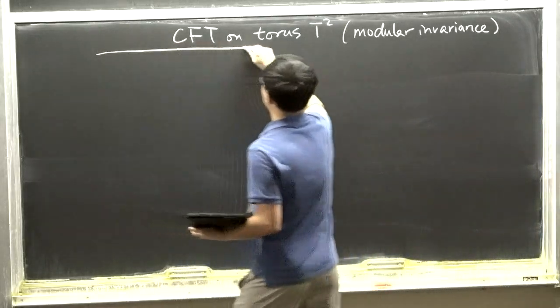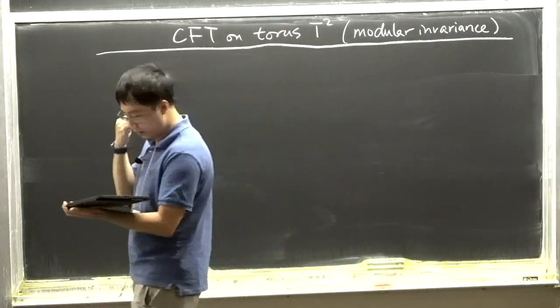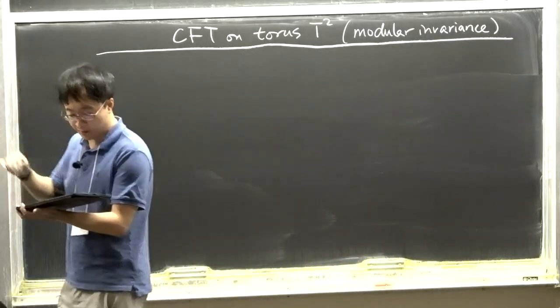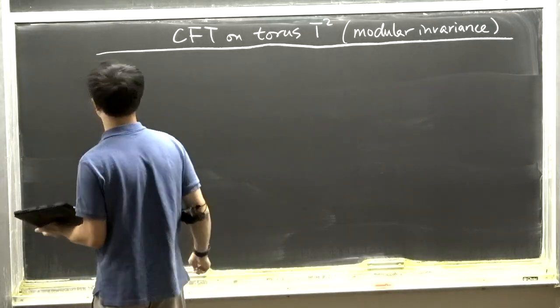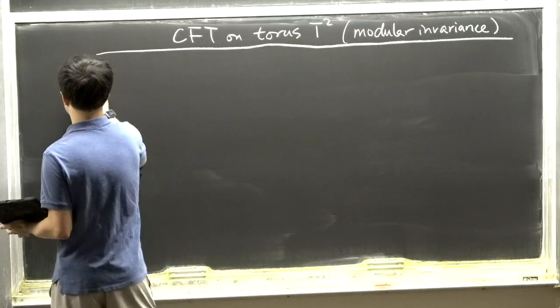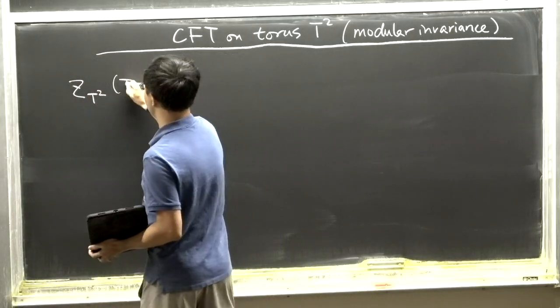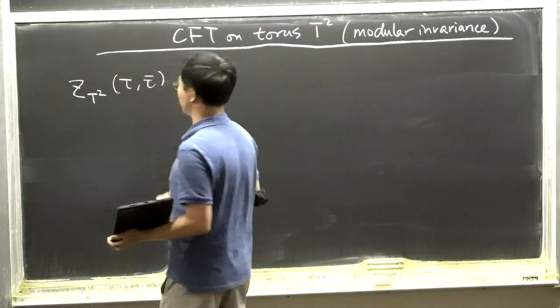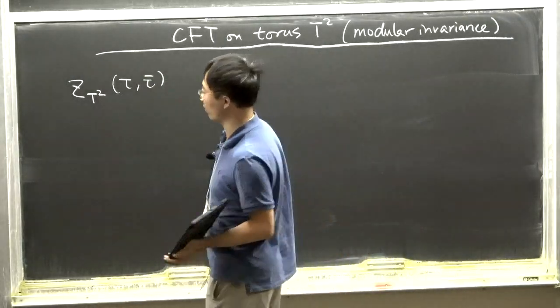So the main player here is the torus partition function, which you have already seen, not in relativistic quantum field theory, but for the lattice model in Nati's lecture. The torus partition function is a function of the dimensionless geometric modulus of the underlying spacetime manifold, because we have a CFT.